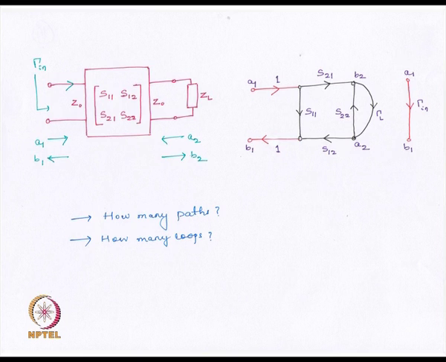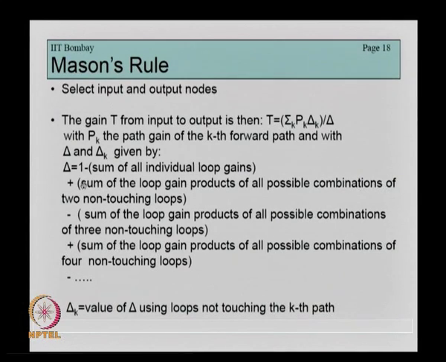Now three non-touching loops, if we want to choose any two of those three, we can do that in three ways. That is loop 1, loop 2 together, loop 1, loop 3 together, and loop 2, loop 3 together. Now this term under this bracket shows the loop gain products of all possible combinations of two non-touching loops.